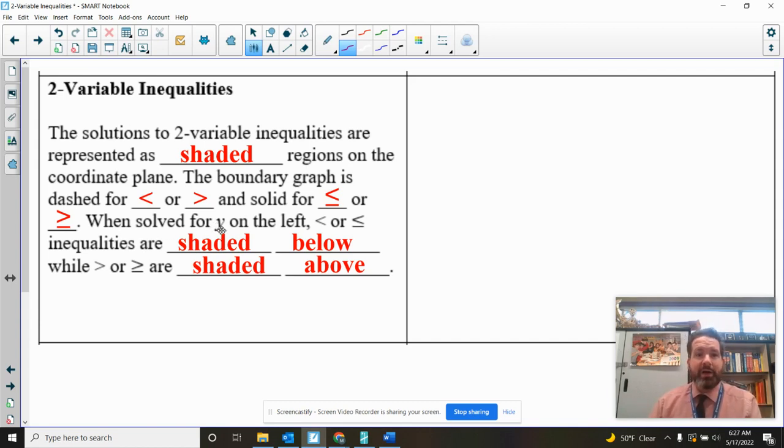When y is on the left, less than and less than or equal to end up being shaded below. I'm going to just put down here a note. Make sure you do some test checks just to be sure. And if you have a greater than or greater than or equal to, it ends up being shaded above.